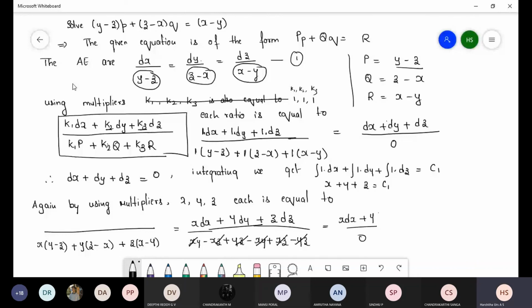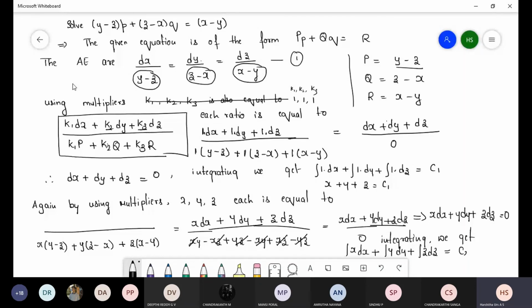That implies x dx plus y dy plus z dz is equal to 0. Integrating, we get integration of x into dx plus integration of y into dy plus integration of z into dz is equal to C2.